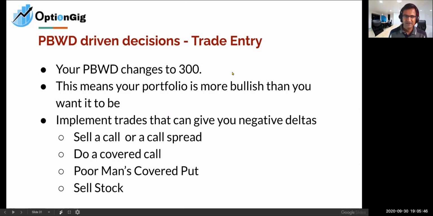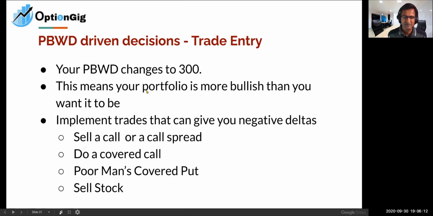So when you're doing a trade, look at your PBWD and then see if the trade is helping your overall portfolio outlook or not. And like I said, the outlook could change. It could change from week to week. Markets have gone down, all the tech stocks were down 10%, 20%. Apple has been down 20% plus from its recent high.